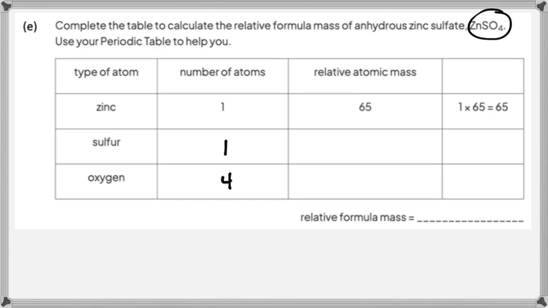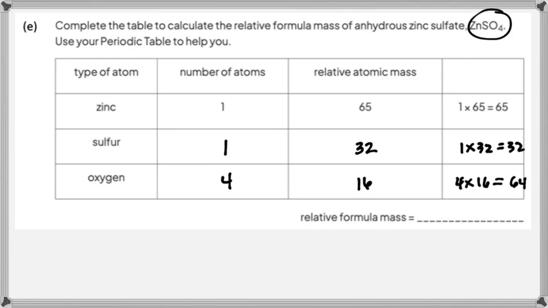Zinc is 65, sulfur is 32, and oxygen is 16. I'm looking at my periodic table right now to answer this. Now to count: 1 times 65 is 65, 1 times 32 is 32, and 4 times 16 is 64.